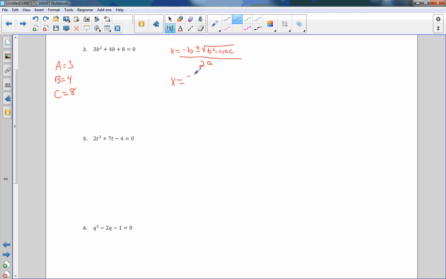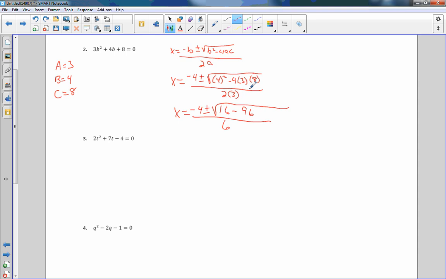B is 4, so it's negative 4. Plus or minus the square root of b squared minus 4 times a times c divided by 2a. X equals negative 4 plus or minus. Now I'm just simplifying. 4 squared is 16. 4 times 3 is 12. 12 times 8 is 96. It's minus 96 all over 6.